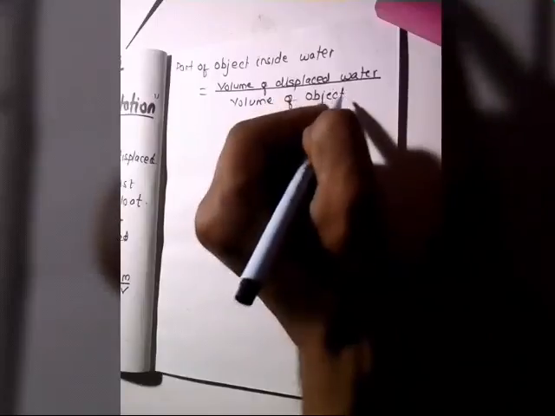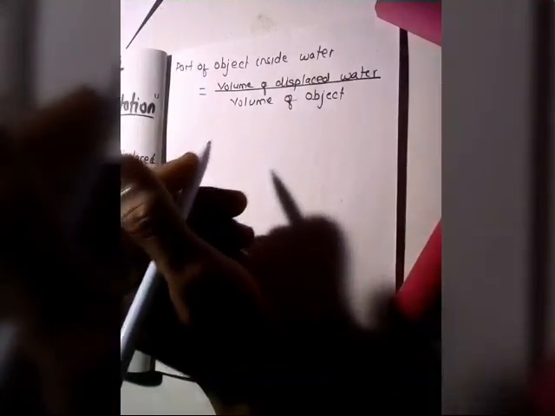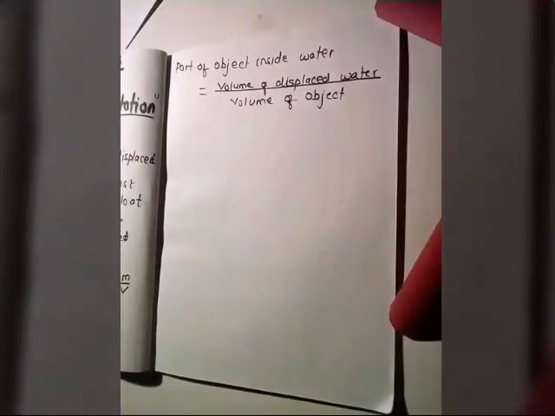Now first we have to try to make sense of the formula. If you try to understand the formula, this will give you ease. So let me give you an example so I can make you understand the formula.